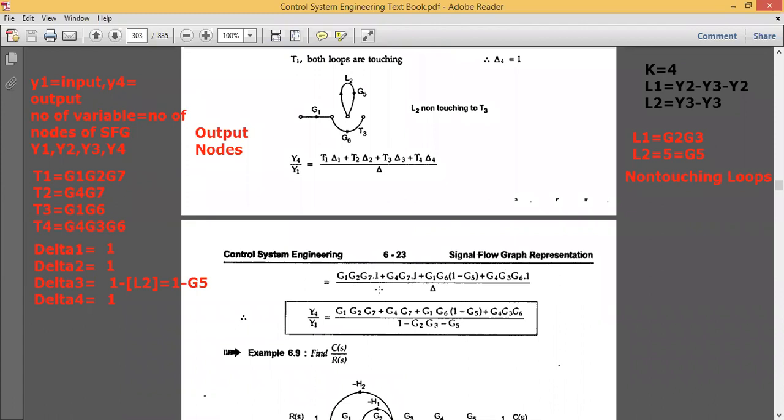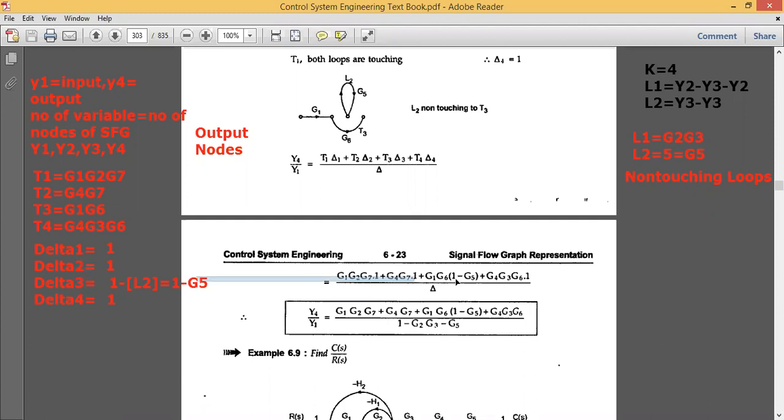If you substitute these values, you will find this particular solution. Here we can see T1 is equal to G1, G2, G7 multiplied by 1. Why is it 1? Because delta 1 is 1. Plus, what is T2? It is G4 into G7 multiplied by again 1, because delta 2 is 1. Then T3 is equal to G1 into G6 multiplied by 1 minus G5. Why? Because here delta 3 is 1 minus G5.